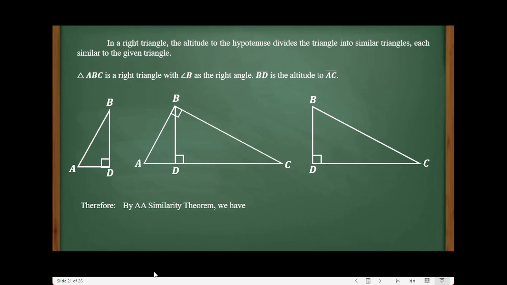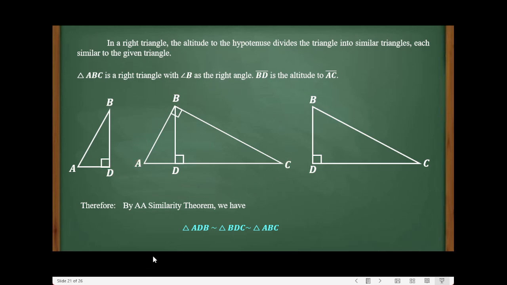Now if we're going to apply one of the similarity theorems of triangles, say AA similarity, we have the following. As I said earlier, each of these parts, aside from being similar to one another, is similar to the original right triangle ABC.